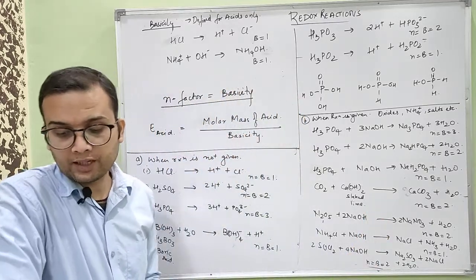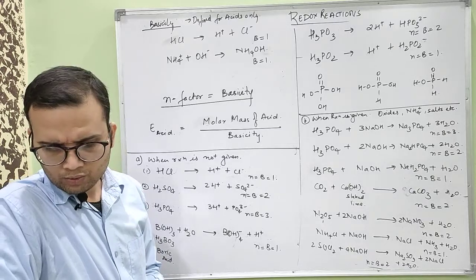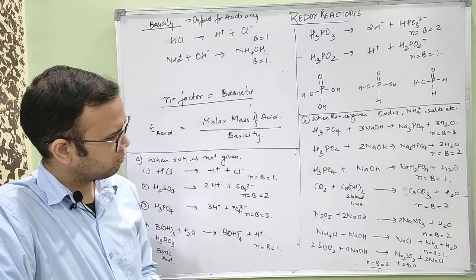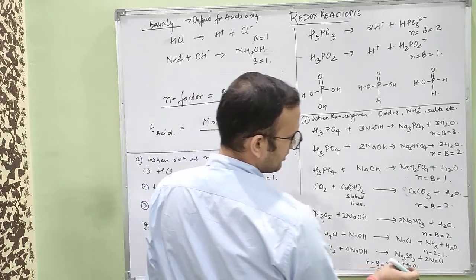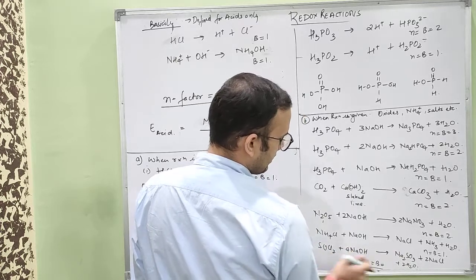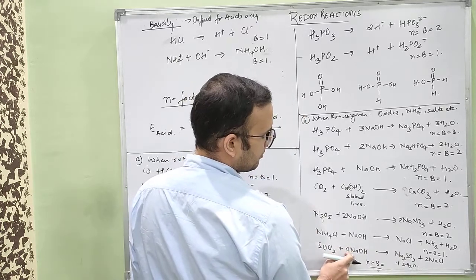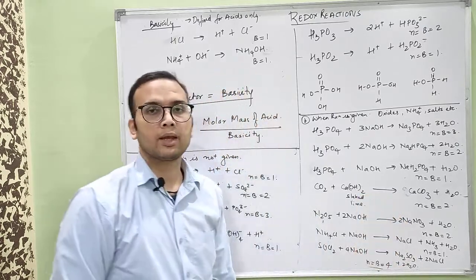Got it? Just a minute. Oh, okay. I think I have not balanced it correctly. Na2SO3 plus NaCl. Right, okay. So here, 1 mole of this is reacting with 4 moles of this. So we will get N equals 4. Getting it?